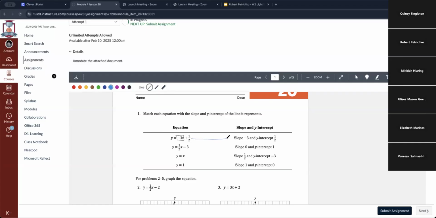Okay, yeah, perfect, good. All right, and the next one is y equals 1/2 x take away 3. So for the second one, 1/2 is the slope. So circle 1/2.